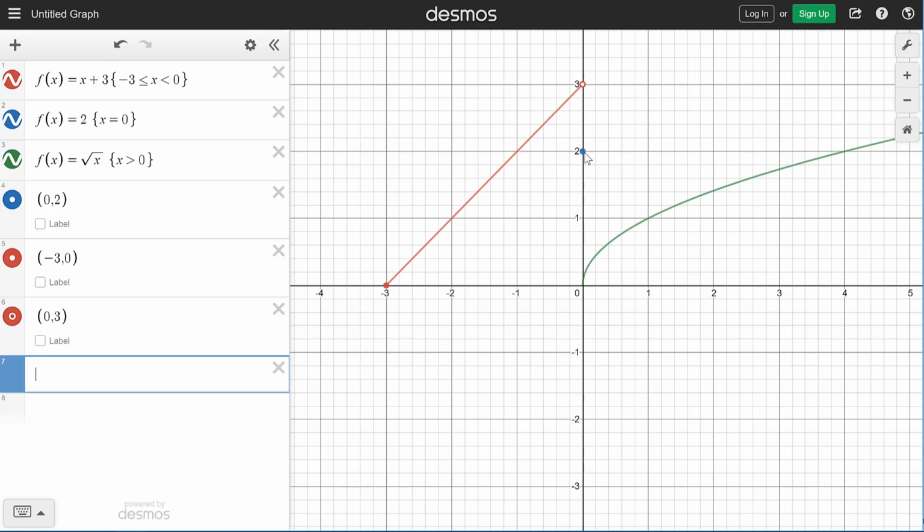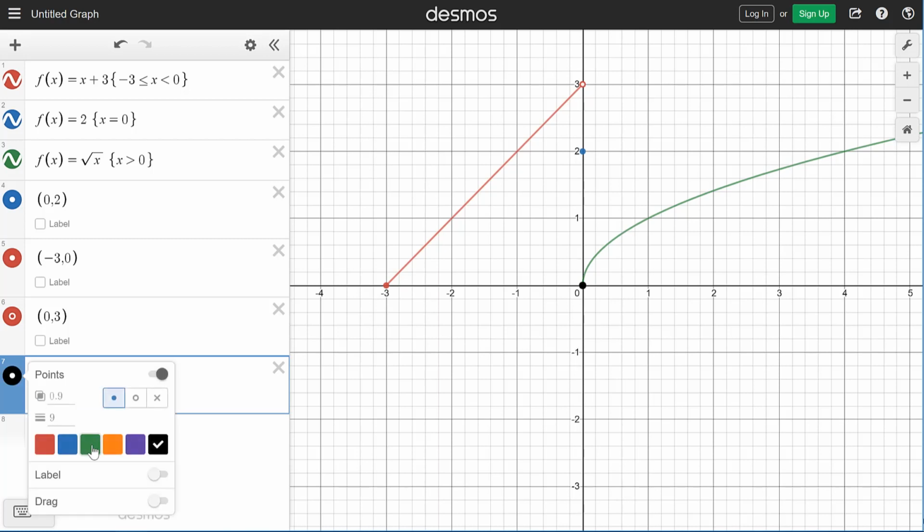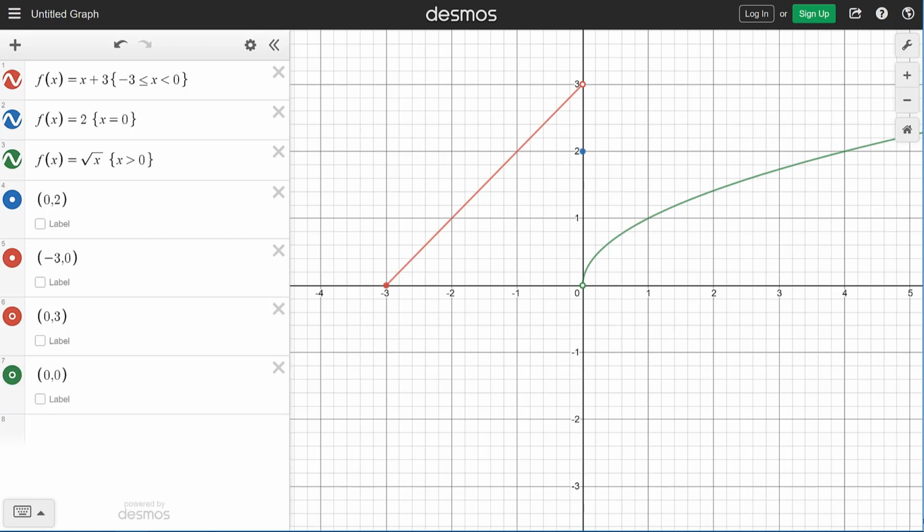I've got a blue closed dot at (0, 2) for my second function, and then my green function at (0, 0), right there, it says undefined because it should be undefined there. So at (0, 0), that is my green function. And because it's strictly greater than, not equal to, I have an open circle. And so that is the picture of my graph.